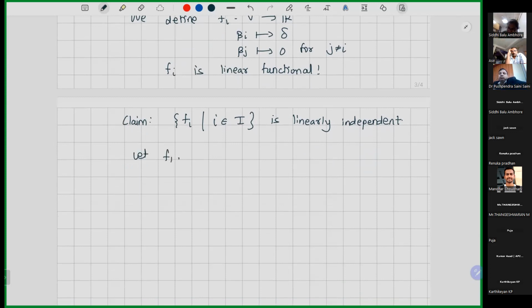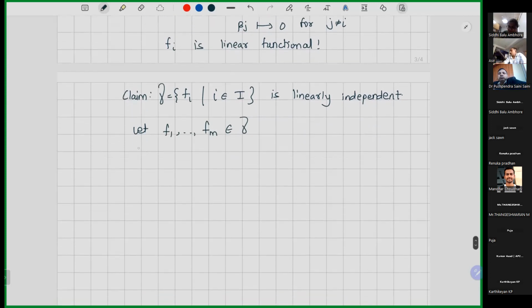Let F1 to Fm belong to this set, let me call it gamma, and consider that A1 F1 up to AM Fm is equal to 0.